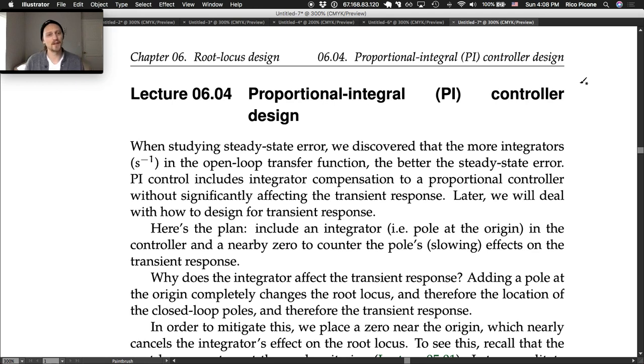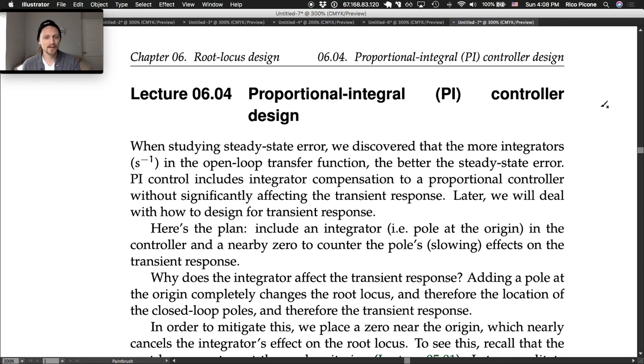The whole thing is going to change. The whole root locus shape will change. You could make something that was stable into something that's unstable, for instance. So a lot of bad stuff happens when you just drop an integrator in. So we put in a nearby zero to try to counteract that effect.